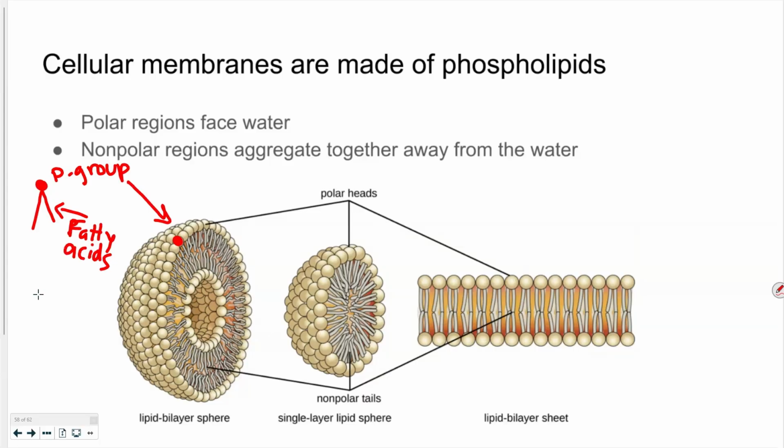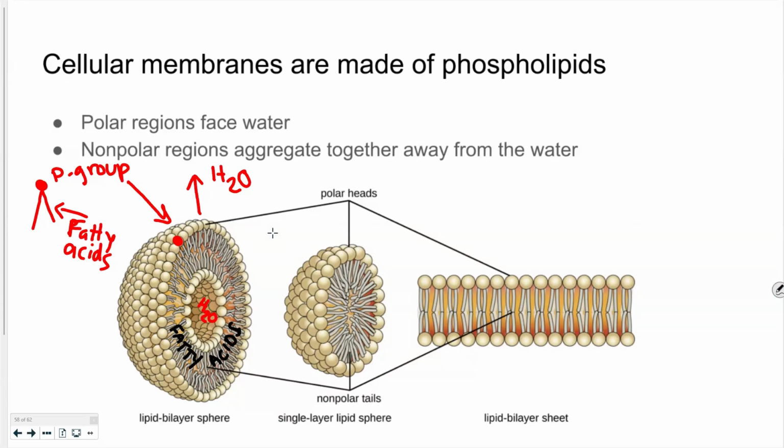So the phosphate heads are going to be facing where the water is on the outside and in here on the inside. Whereas the fatty acids are going to be interacting with each other and hiding from the water so that they don't have to interact with that water.